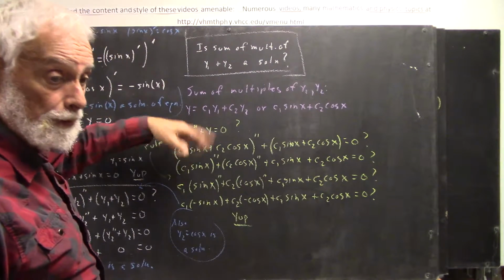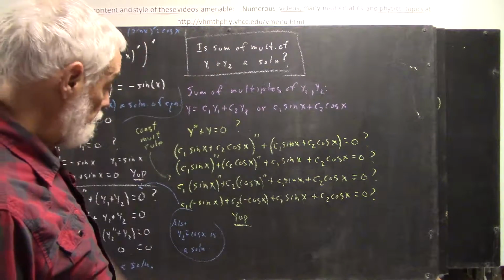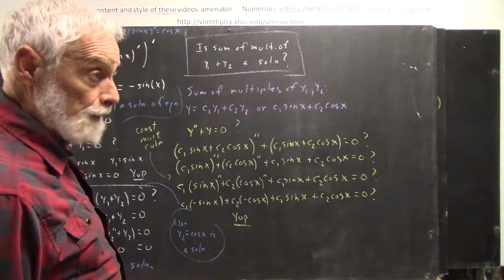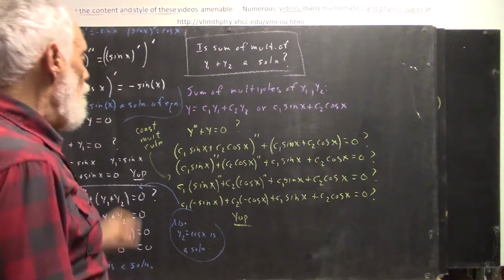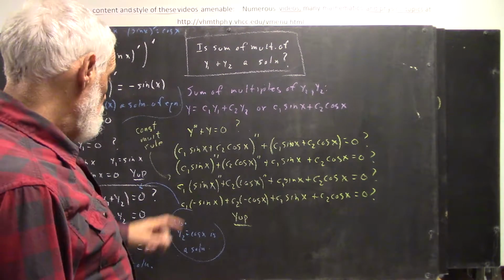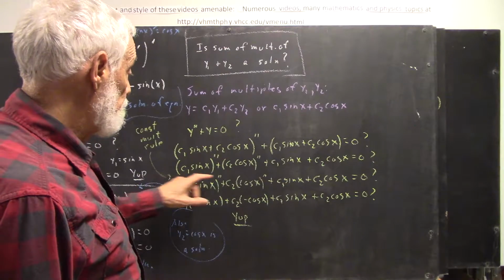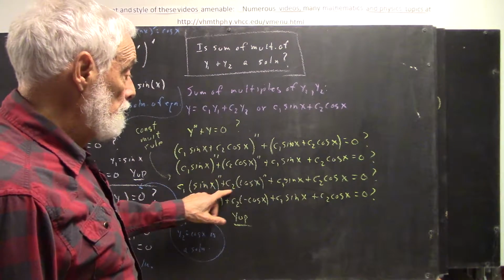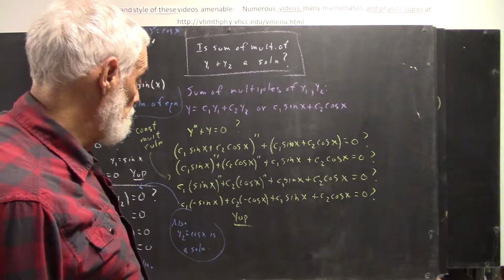Remember, c1 is just a scalar, just a real number in this case. And the same thing applies in one more step to the second derivative. So we can factor the constants out of these derivatives. We get c1 times sine x double prime plus c2 times cosine x double prime.